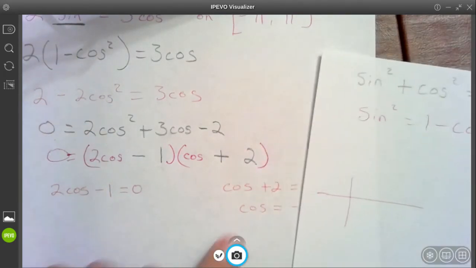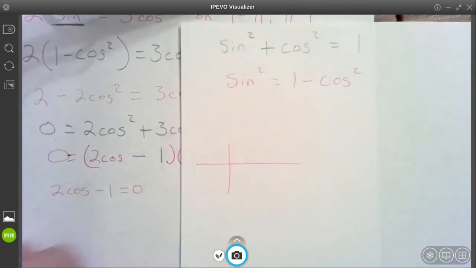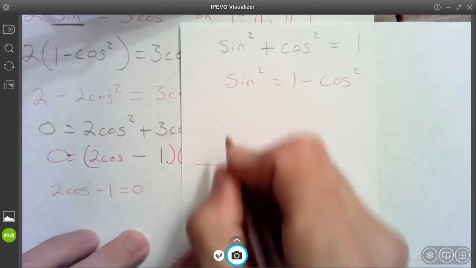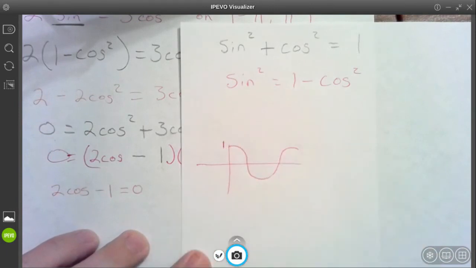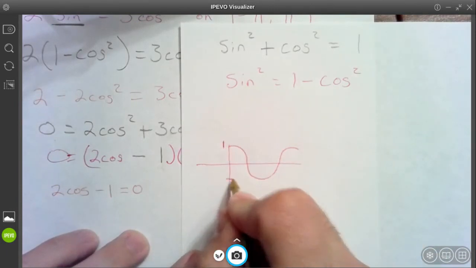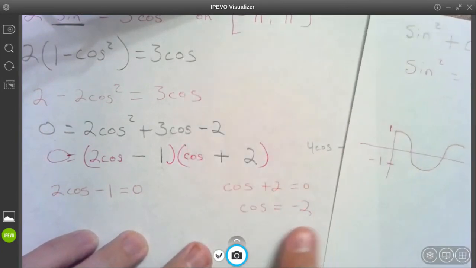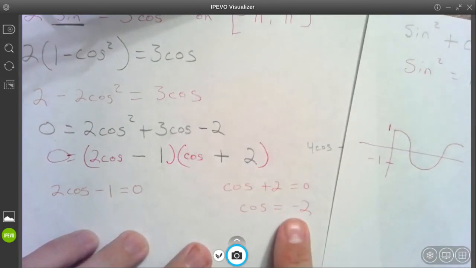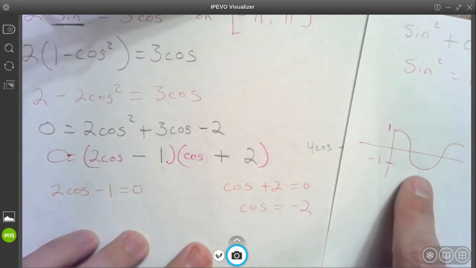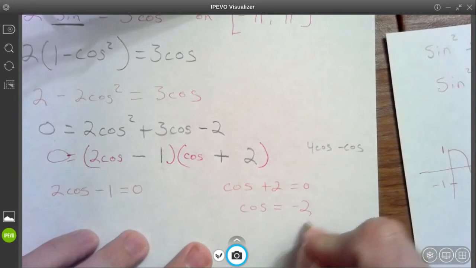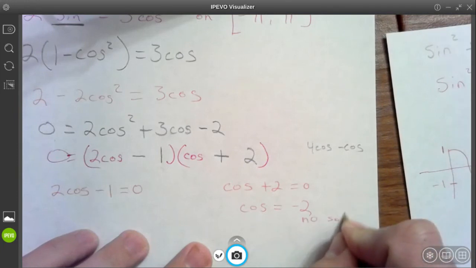You remember how the graph of cosine looks something like this. And the highest it ever reaches is positive 1. The lowest it ever reaches is negative 1. So cosine itself never reaches a negative 2. All right. So since it never actually dips down this low, this equation would be impossible. All right. So no solution for that one.